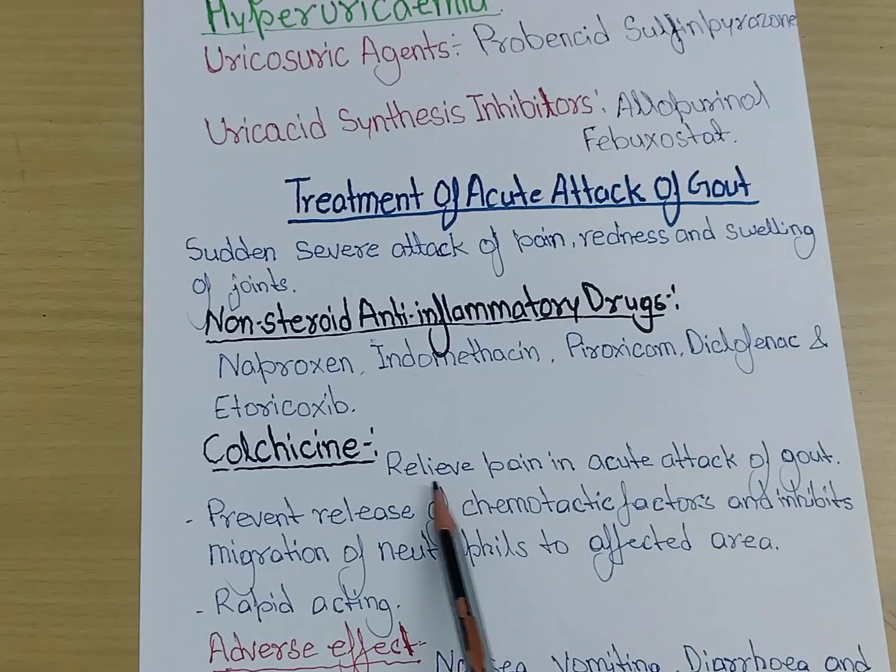Colchicine relieves pain in an acute attack of gout, prevents release of chemotactic factor, and inhibits migration of neutrophils to the affected area.